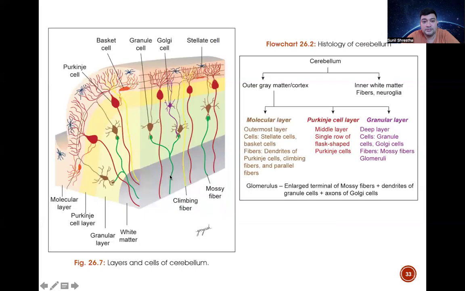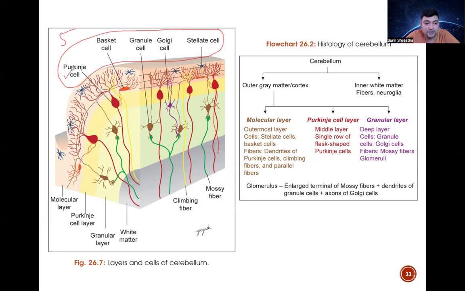Now, the histology of the cerebellum. Here we have to understand that there are many cells present in the cerebellum. Basically, there are five types of cells. Don't worry right now about where they are present, just remember the five types.